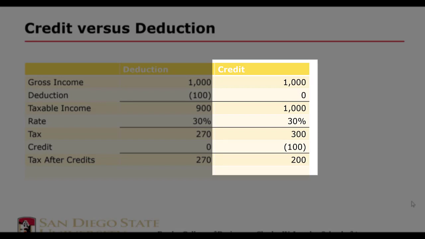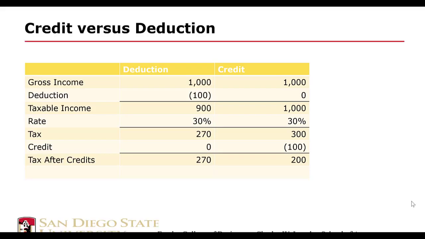So in the right-hand column, you'll see we have $1,000 of gross income and taxable income because there's no deduction. Multiply that by 30%. The tax would be $300. And notice we get a dollar-for-dollar reduction from that credit of $100, and it brings our tax down to $200. So generally speaking, credits are thought to be worth more than deductions.